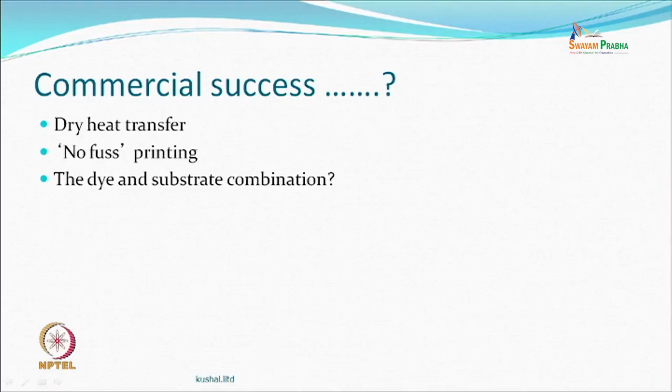So, this was one of the commercially successful methods. Sometimes it is also referred to as dry heat transfer, because you are using dry heat to sublime. No fuss printing means basically nothing to be done.